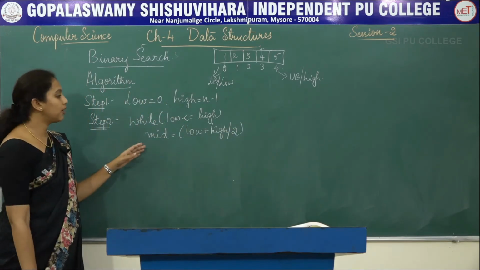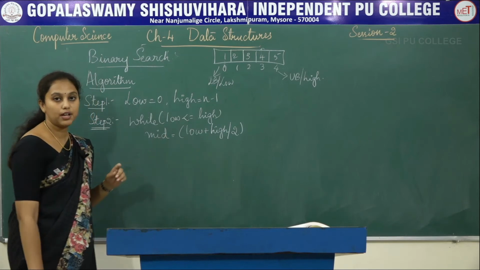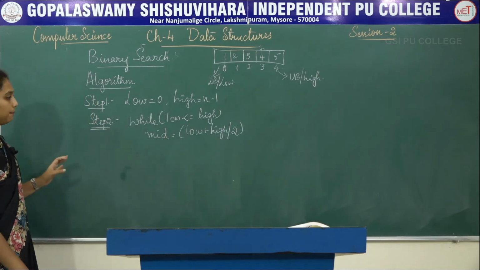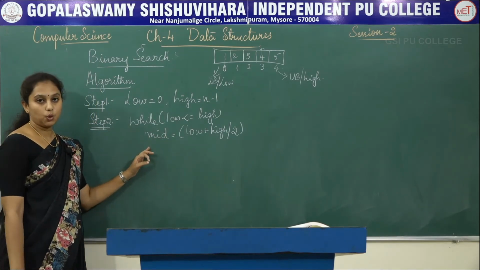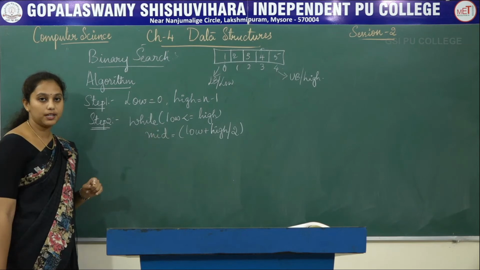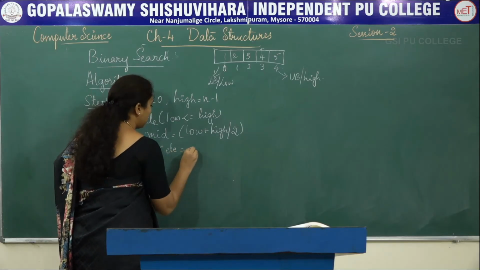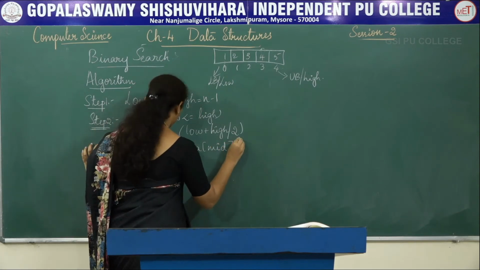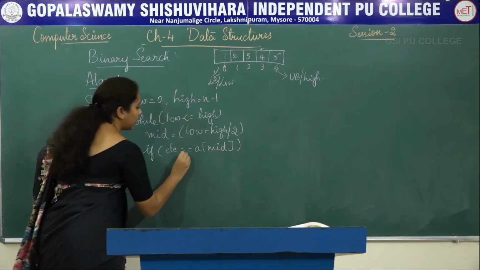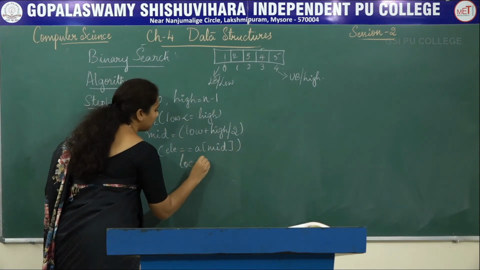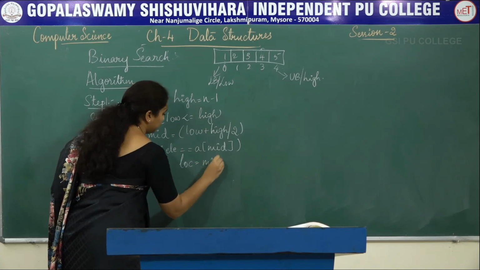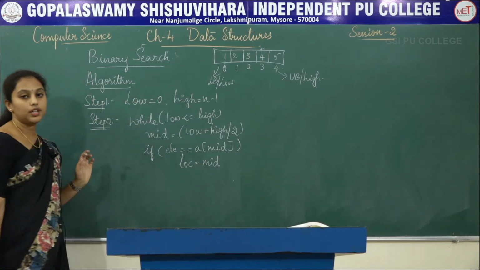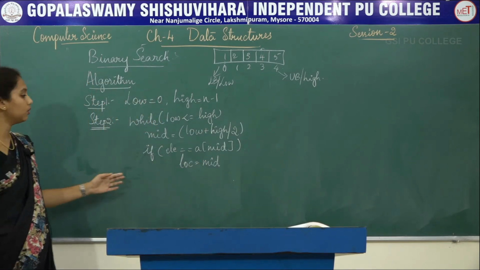Next, after finding the mid, we have to compare the element with the middle element first. If element is equal to A of mid, then location is equal to mid.